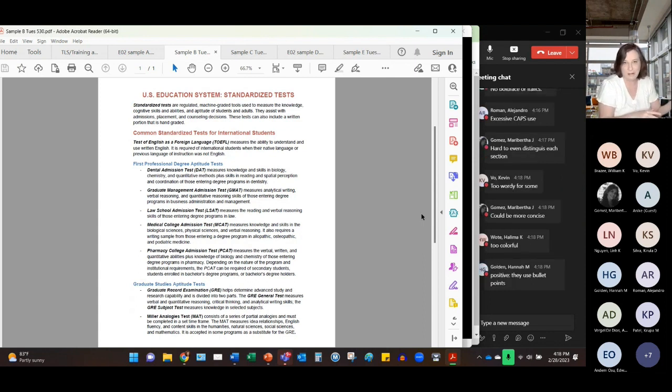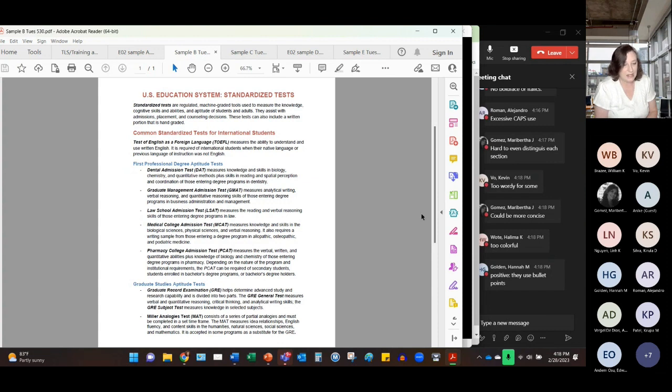This has dialed it back to about 10 million times, so that's good. But I do think it is still too wordy. They did use bullet points, and I think that worked well for the tests within the sections. Although they weren't completely consistent because they didn't do that with the Test of English as a Foreign Language. Ideally, everything at the same level should be treated the same. But I think mostly they did that.